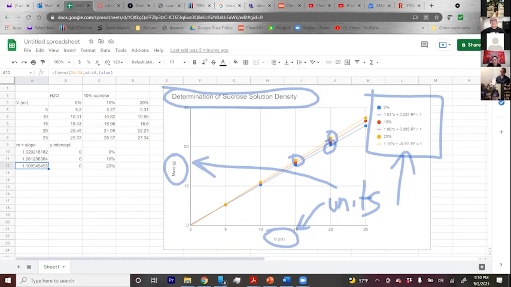You're going to do this exact same thing with your unknown beverage, whatever it is. You could even put that on the same graph if you want to. Any questions on how to plot the data and how to correct for zero y-intercept?